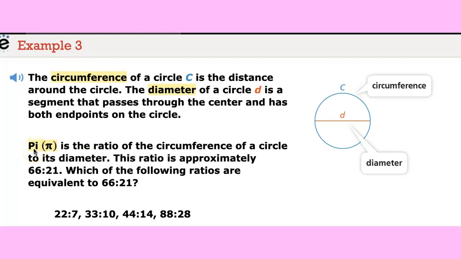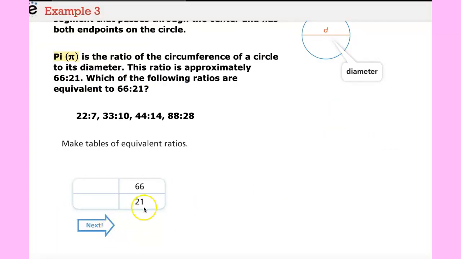Pi, or this symbol, is the ratio of the circumference of the circle to its diameter. This ratio is approximately 66 is to 21, and the following ratios are equivalent to this. So we make a table of equivalent ratios. You could extend that if you want.